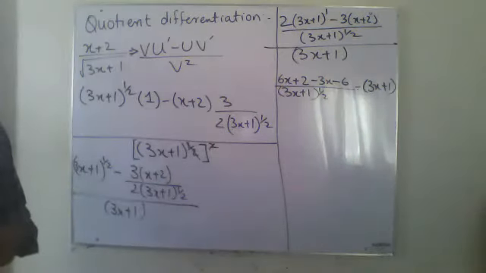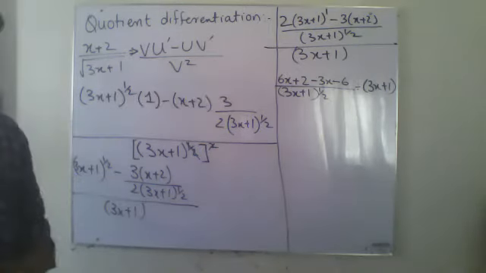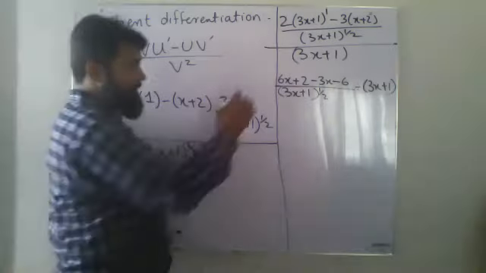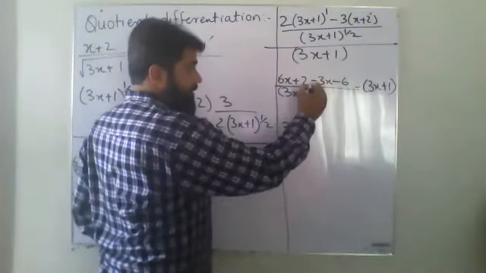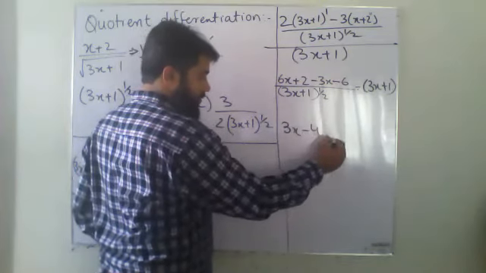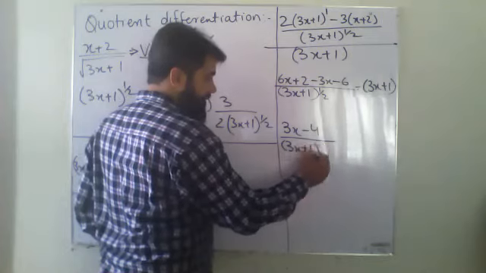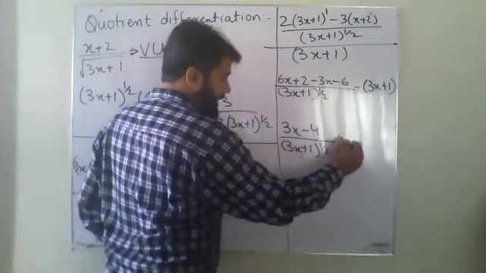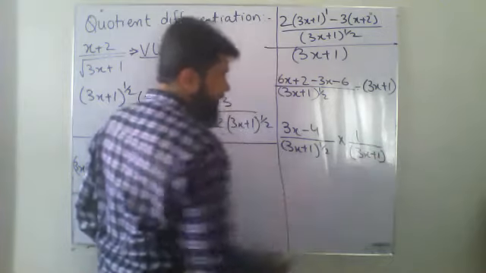Okay, just for your understanding, I am going into such detail, otherwise I would have shifted it directly. 6x minus 3x will become 3x minus 4, over (3x plus 1) power half, multiplied by 1 over 3x plus 1.